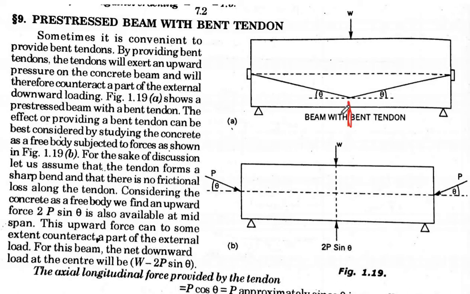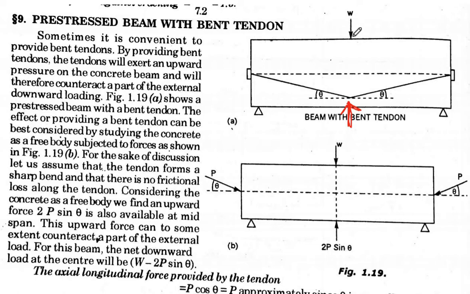When they are prestressed, they give an upward thrust against the external loadings, and this upward thrust will counterbalance the external load and help in reducing the stresses which will be developed. The load will be decreased because this upward thrust counterbalances the load.